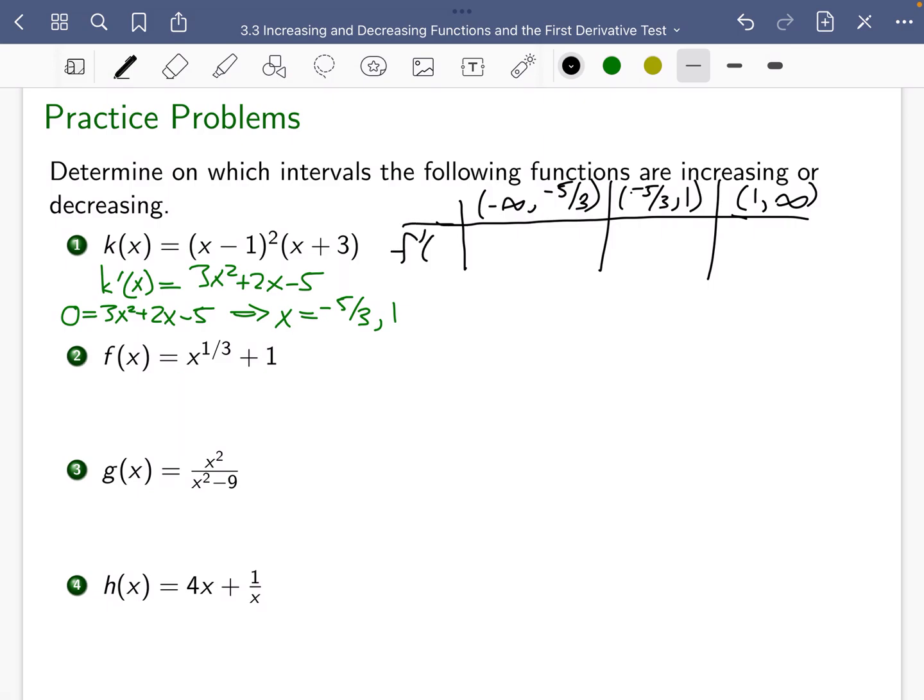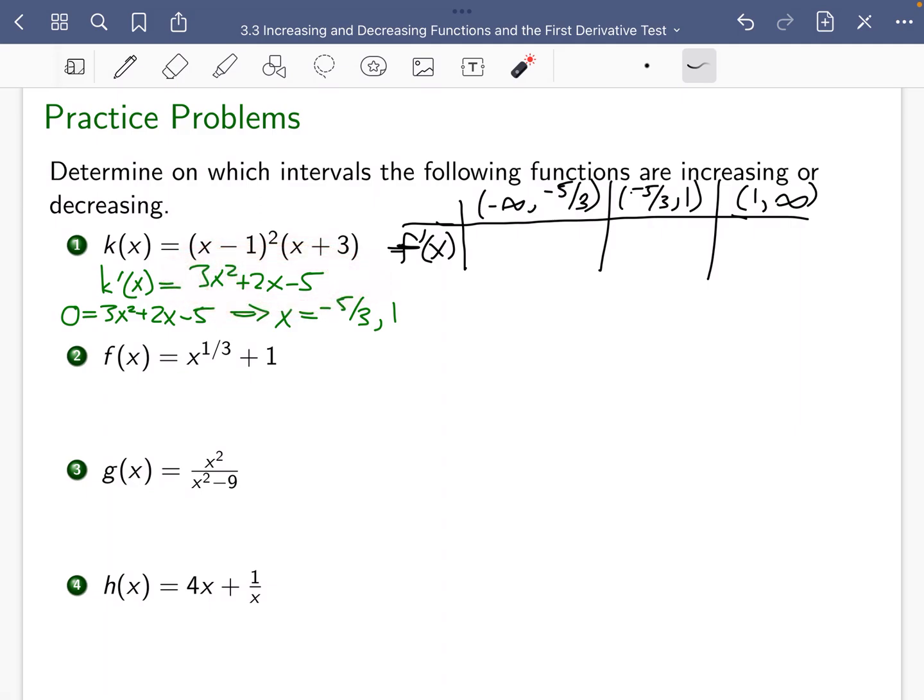And we're doing a sign chart for our derivative. So here we want to plug in any number that is smaller than negative 5/3 into the derivative.